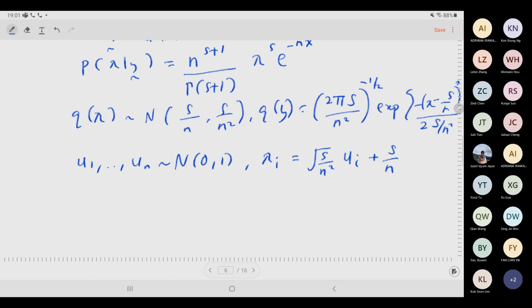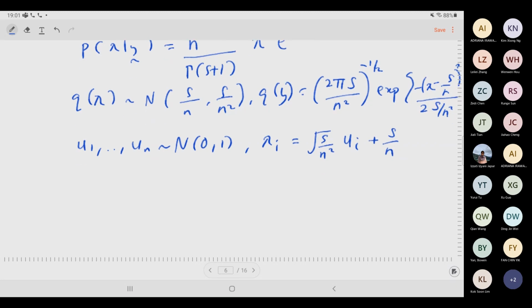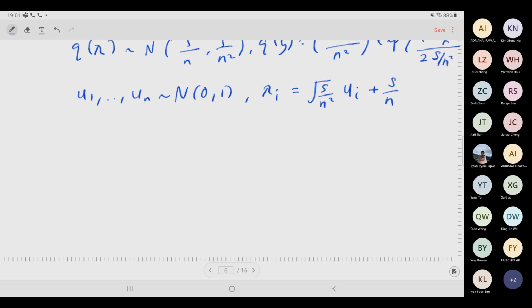This is the part where it's going to be long. So when you have the approximation, you have your I, and you want to find the expectation.